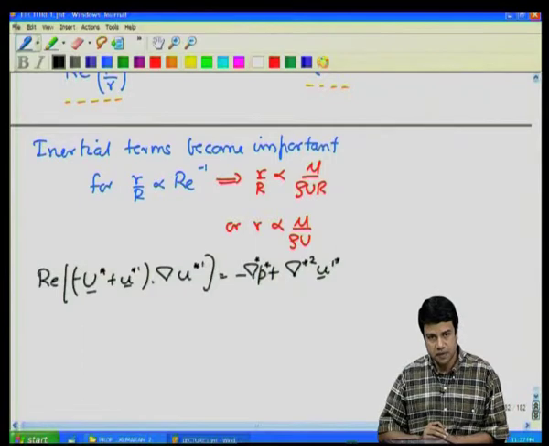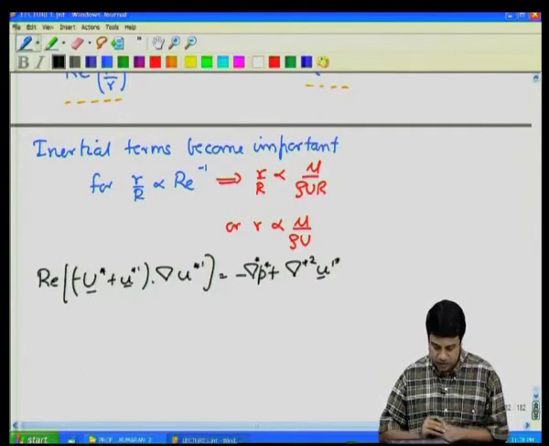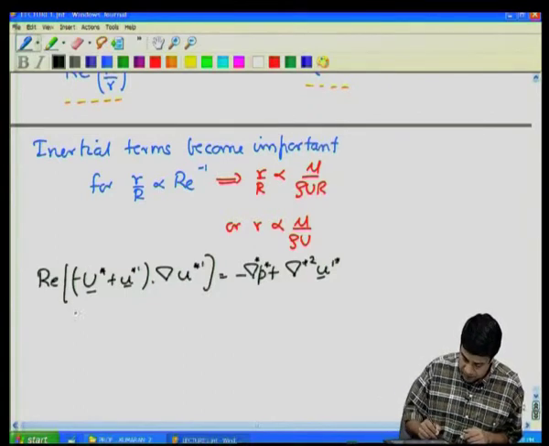Now I have to solve this complete equation if I am sufficiently far away. However, one can make a simplification, because this minus U is always going to be order U.